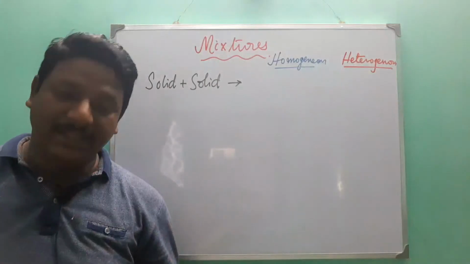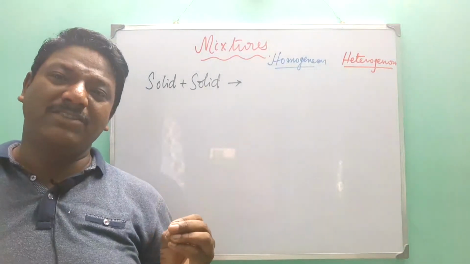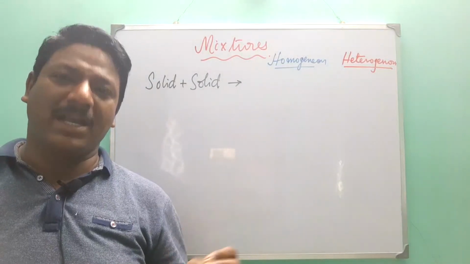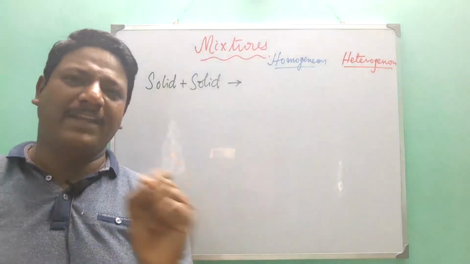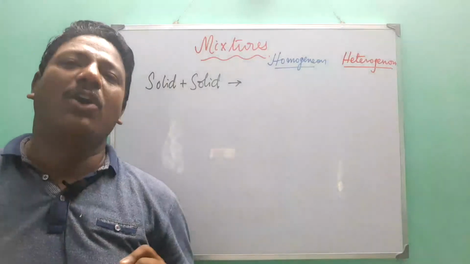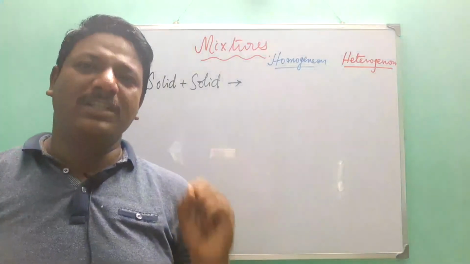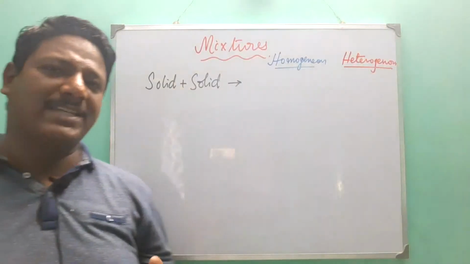Then fourth, I said the combining elements combine in a fixed proportion of mass: if 1 gram of hydrogen combines with 8 grams of oxygen, then they form 9 grams of water as a compound. So these four are the important characteristics.